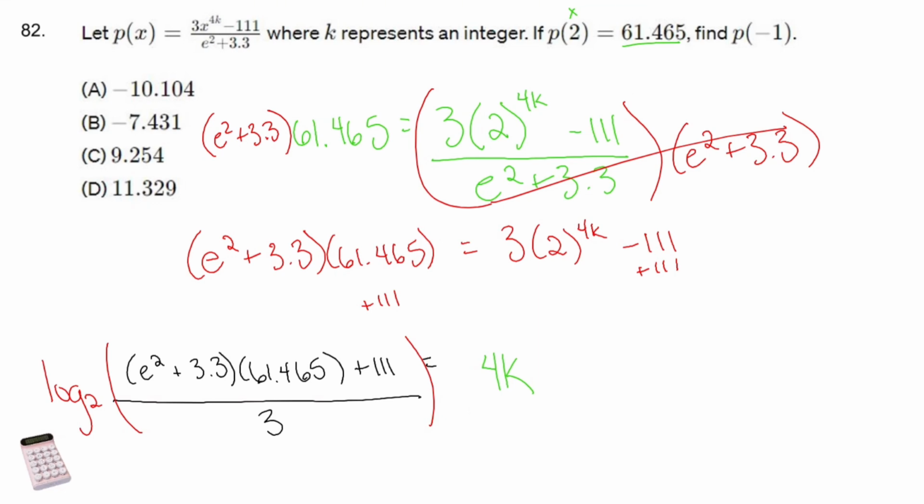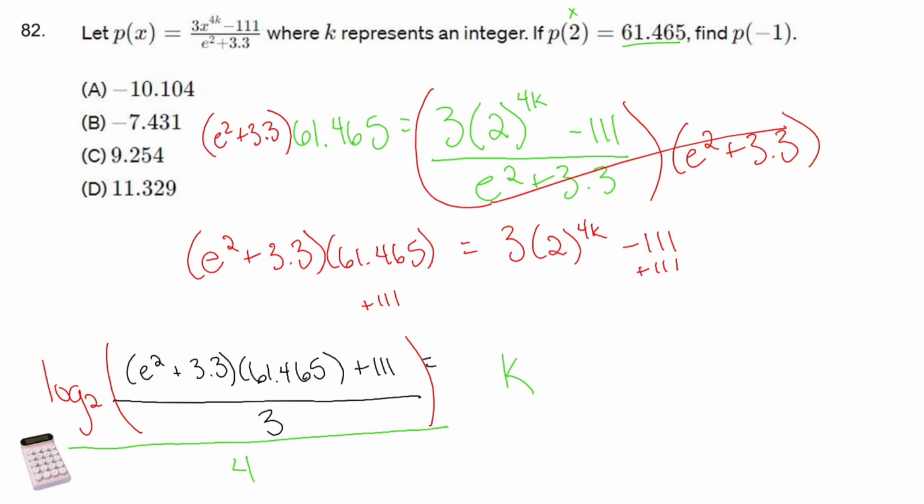And if you're like, oh boy, are we done yet? No. Now I take this whole thing and divide it by 4 to get k all by itself. So after all of that, I'm going to pray that I type this whole thing into my calculator correctly. That'll give me k.